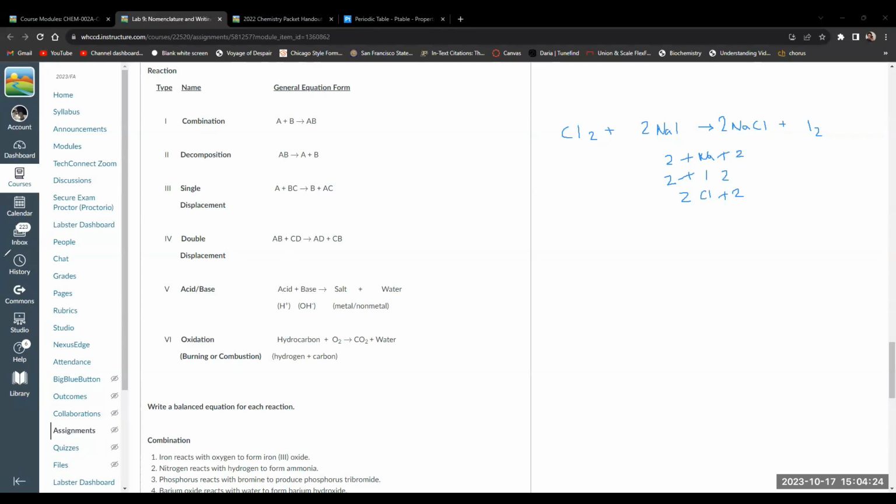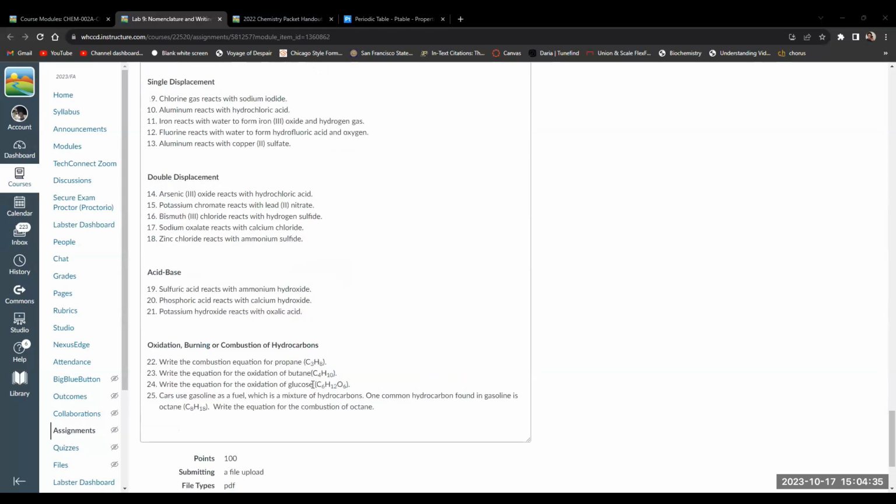Now let's make things trickier by working with double displacement. So let's do 18.